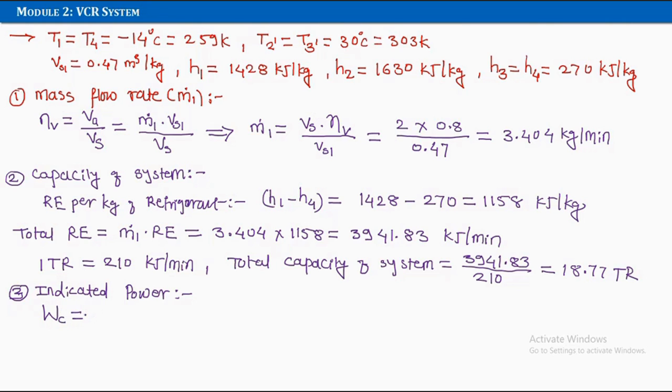WC is m dot, the mass flow rate of the refrigerant taken by the compressor, into the enthalpy difference during the compression process, so H2 minus H1. This is equal to 3.404 into H2 minus H1, where H2 is given as 1630 and H1 is 1428.